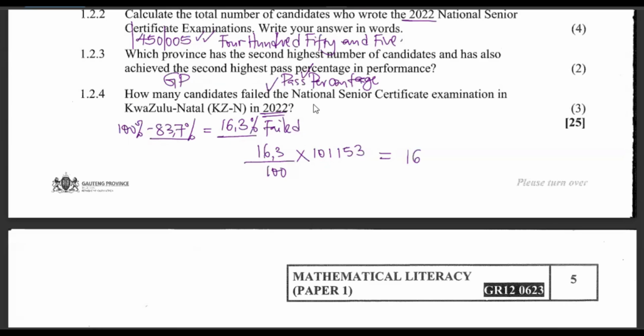Here you have 16,487.93. Remember, these are humans, so simply meaning these are the learners who failed in KwaZulu-Natal.